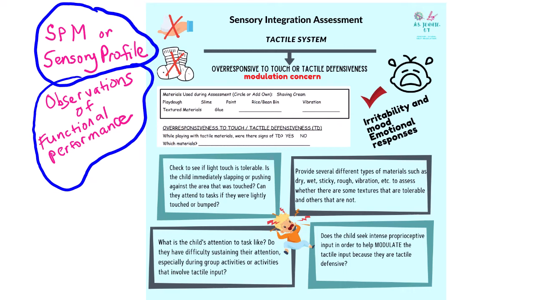So those are just general functional performance observations that I really like to see before I am assessing a child, so I get an idea of what they're looking at in school.